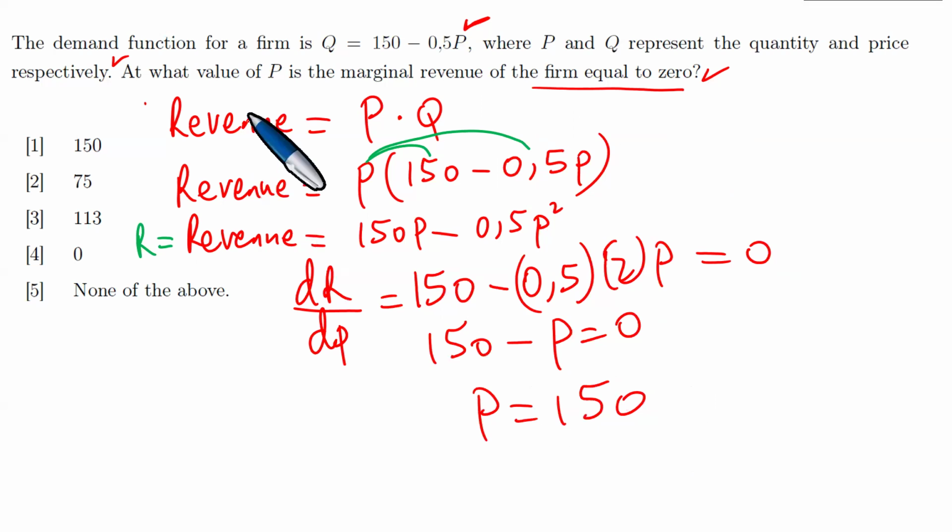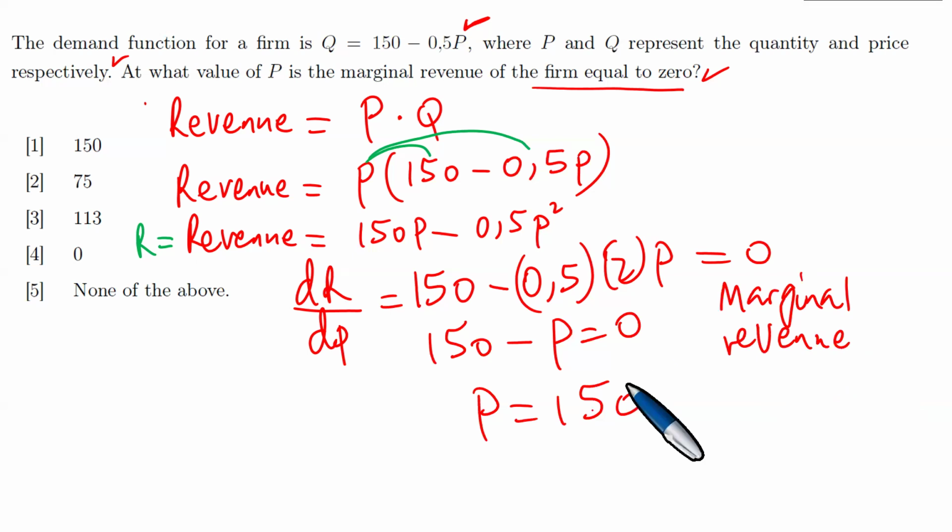So the question was, at what value of P is the marginal revenue of the firm equal to 0? So we can see that this quantity here is the derivative, and the derivative is marginal revenue. Right, and this marginal revenue equals 0 here.